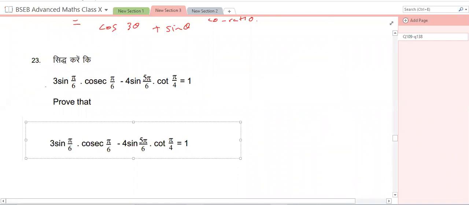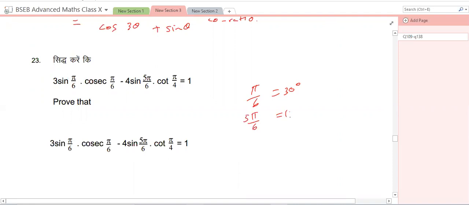In question number 3, what we can see is 3 sine pi by 6. So we know pi by 6 is equal to 30 degrees. Cosec pi by 6. What is 5 pi by 6? 5 times 30, that should give us 150 degrees. 5 pi by 6 is equal to 150 degrees.